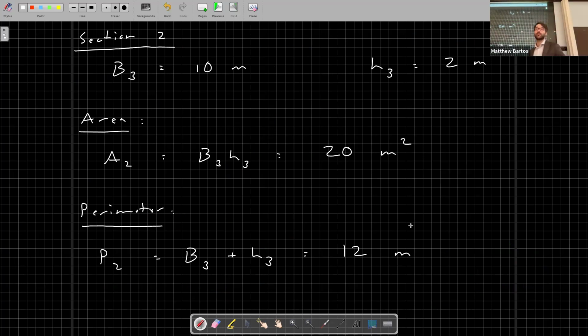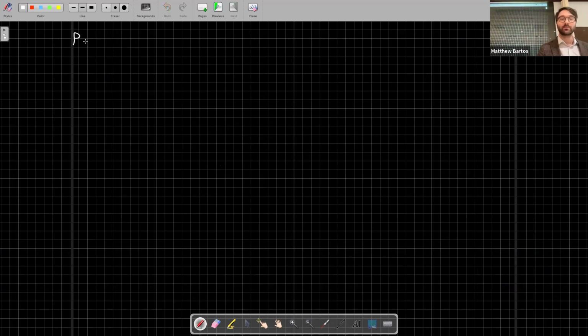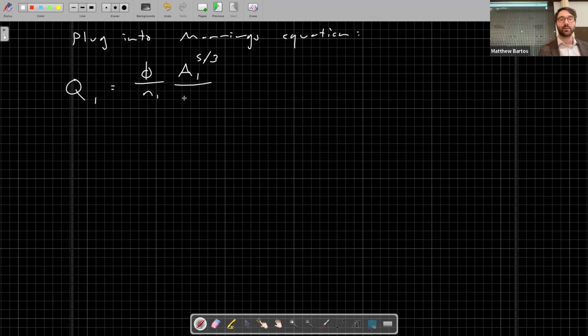All right, so once we do this, we compute the discharge within each section, and then we can just add those discharges up. So let's plug each of these areas and perimeters into Manning's equation. So for the first section, the discharge will be equal to phi over n1 times A1 to the 5/3 power divided by P1 to the 2/3 power times the square root of the bottom slope.